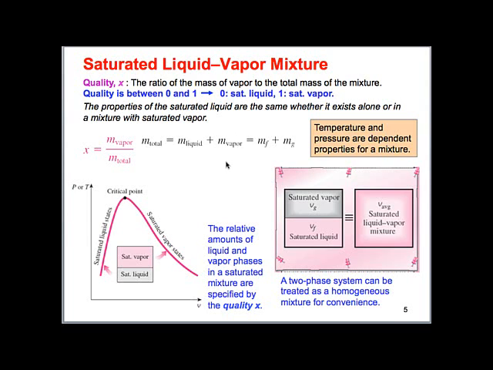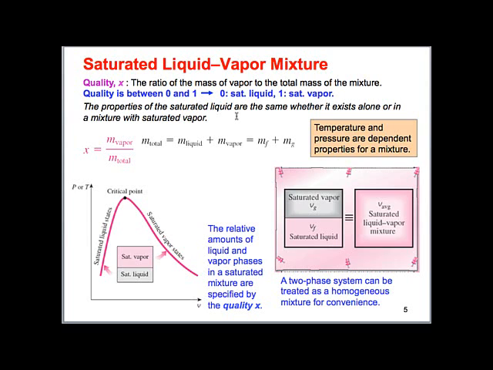Now, in actuality, what we're going to have here is a mixture. We may have a saturated liquid and vapor, but by prescribing an x, what we're really saying is that we have a homogeneous mixture of saturated vapor and saturated liquid. So keep that in mind when you're solving these problems. Now, if we have a saturated liquid, our quality is going to be 0, and that value is going to vary between 0 and 1.